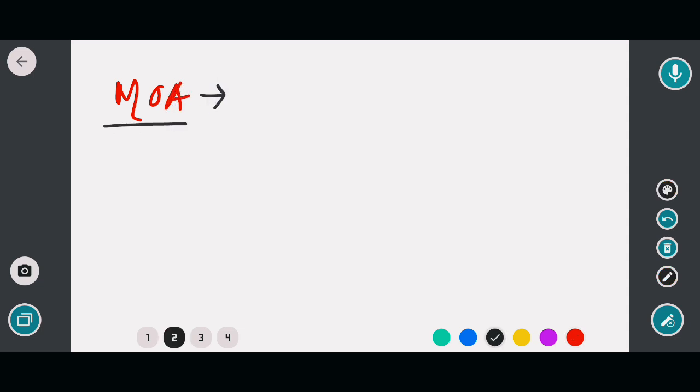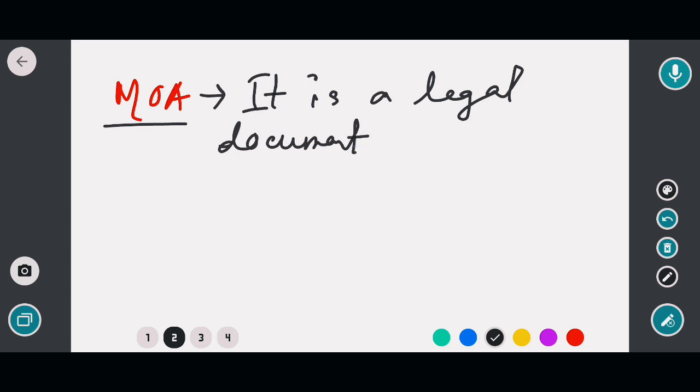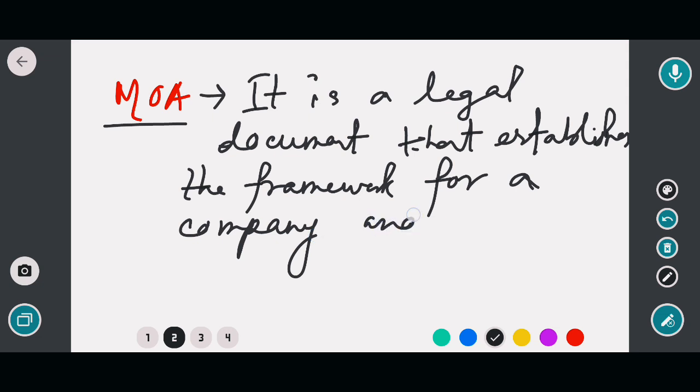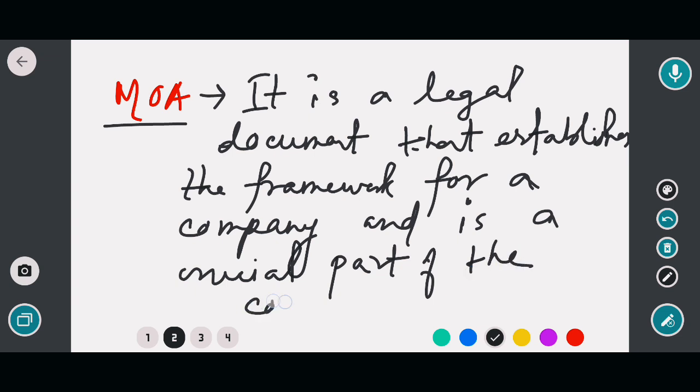Memorandum of association is a legal document that establishes the framework for a company, and it is a crucial part of the company's legal framework.